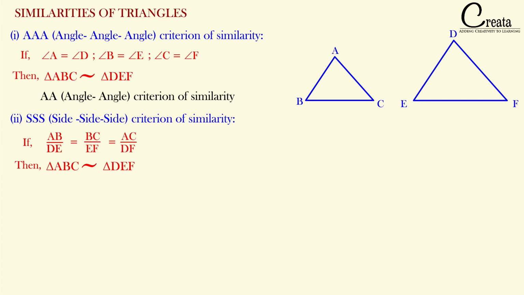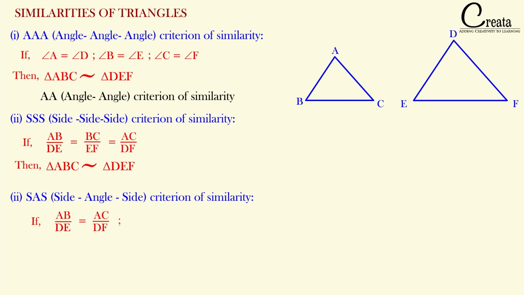Got it? The third is SAS criteria, that is side angle side. If the ratio of two sets of corresponding sides are equal and the angle in between the two corresponding sides is also equal, then we can say that the two triangles are similar to each other. So these are the three criteria based on which we will solve the question.